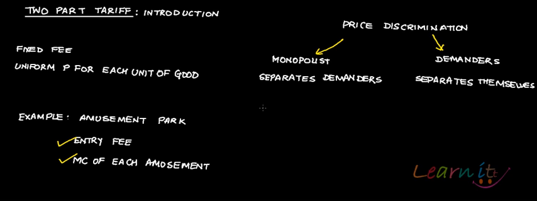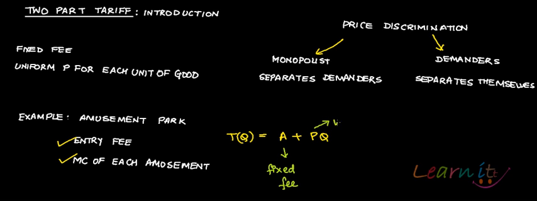Now, generally, this has been said as TQ is A plus PQ. What is A here? A is the fixed fee which you have to pay.